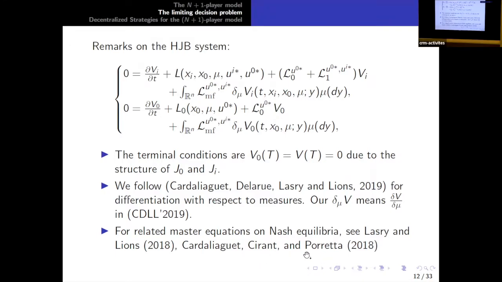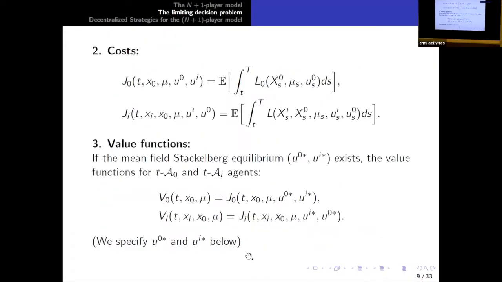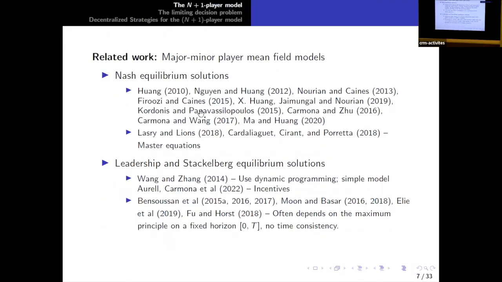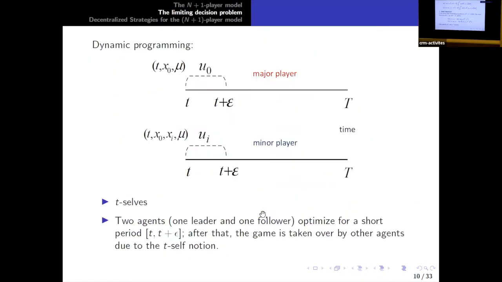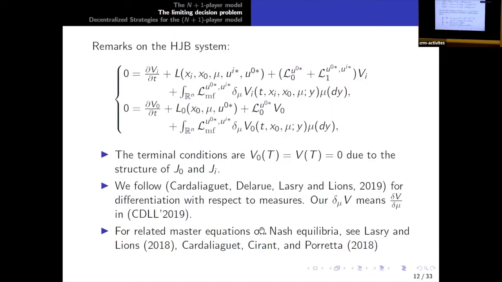I would also mention that for the work of PI, if we specialize to the LQ case, we can compare with the early paper in 2010. We can show that there is an equivalence for the LQ case.